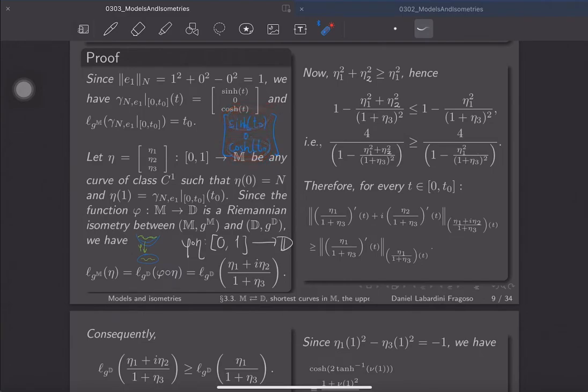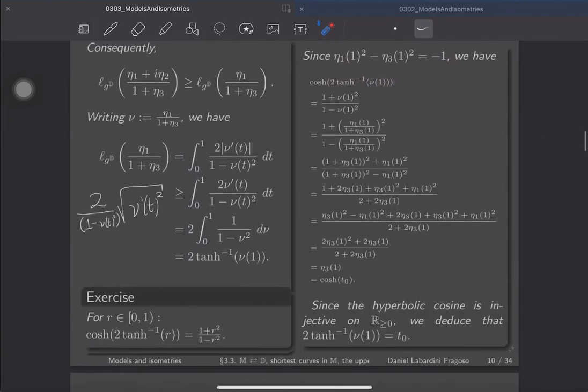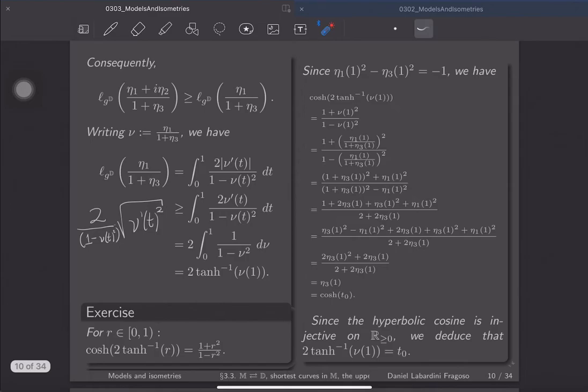Okay? So I have this equal to minus 1, but I'm going to use that a couple of times now, because you see this one is by the exercise equal to this one, where I plug in nu of 1 instead of r. And now I remember what is nu. Nu is this, evaluated at 1. So this goes here.